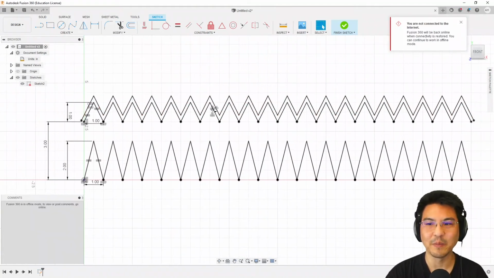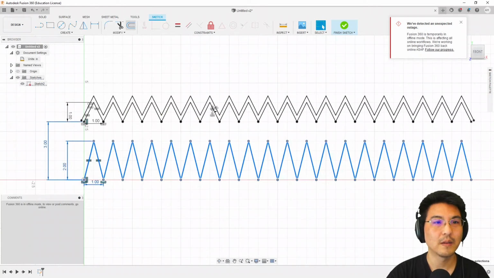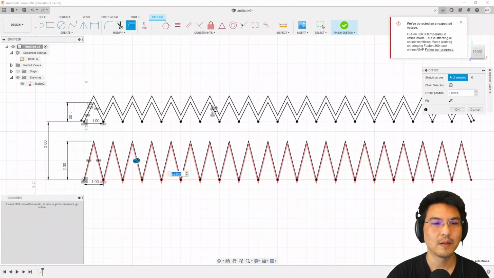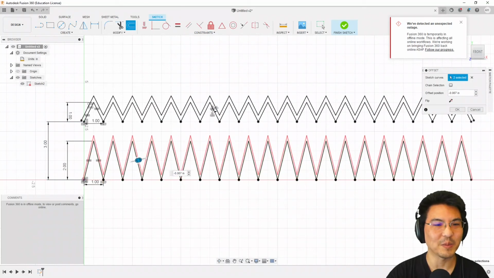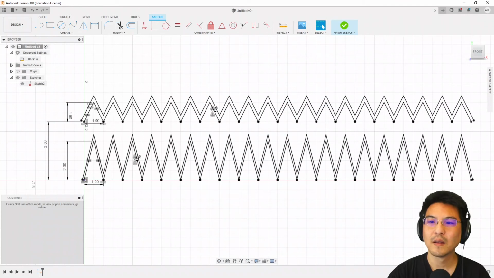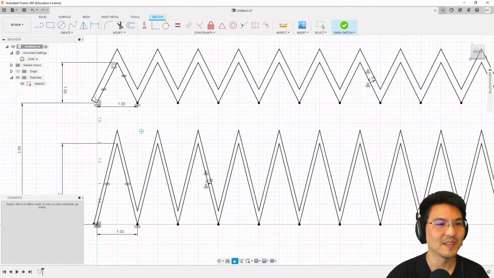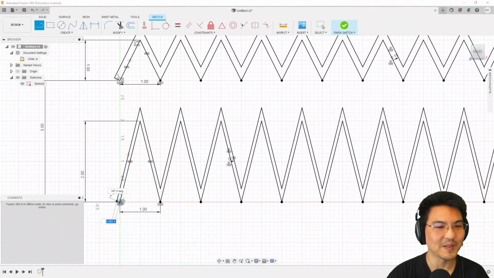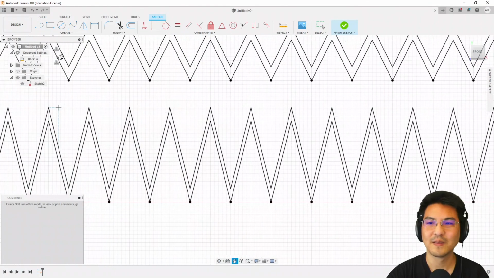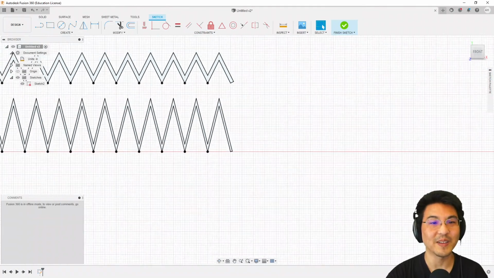Let me do the same here. Okay, and I need to close this as an area. So I'm just going to close this edge over here and this edge over here. Same for the other side. Okay, so now these are areas.